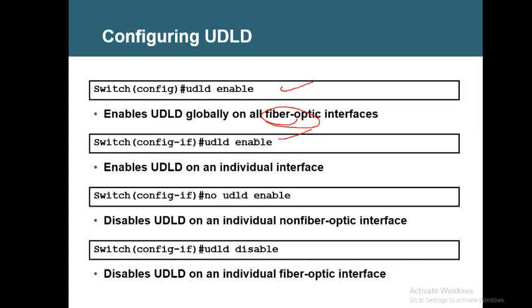In fiber optics, there are two fibers, one for receiving and one for sending. If the sending fiber is broken, the BPDU will not come, and the other side cannot send BPDU. In such cases, UDLD can prevent the loop.